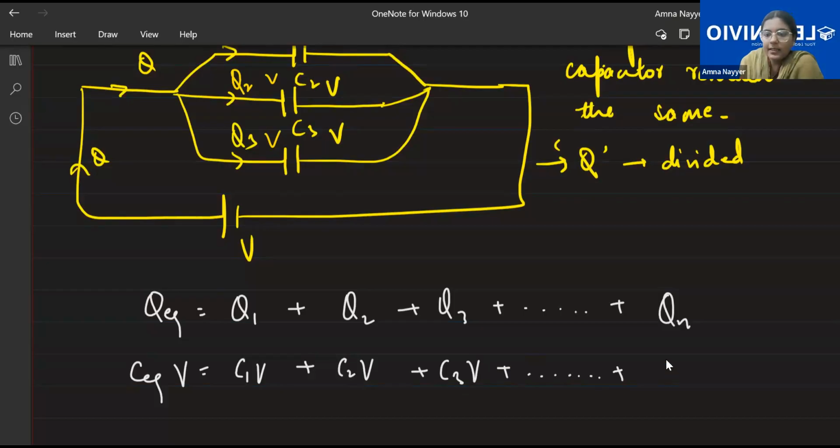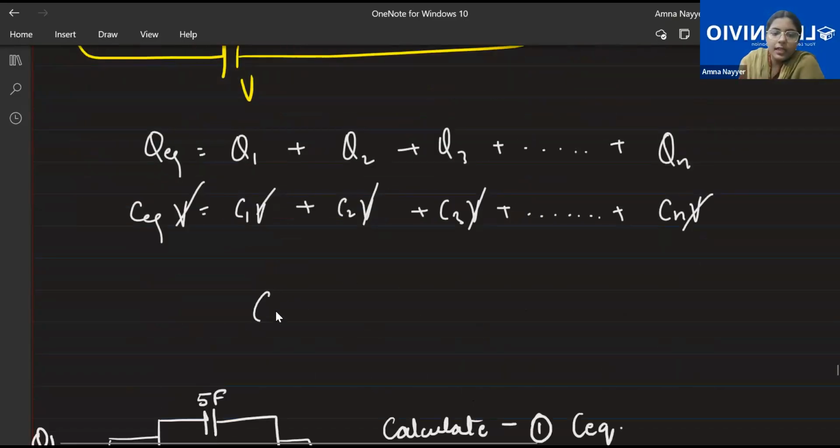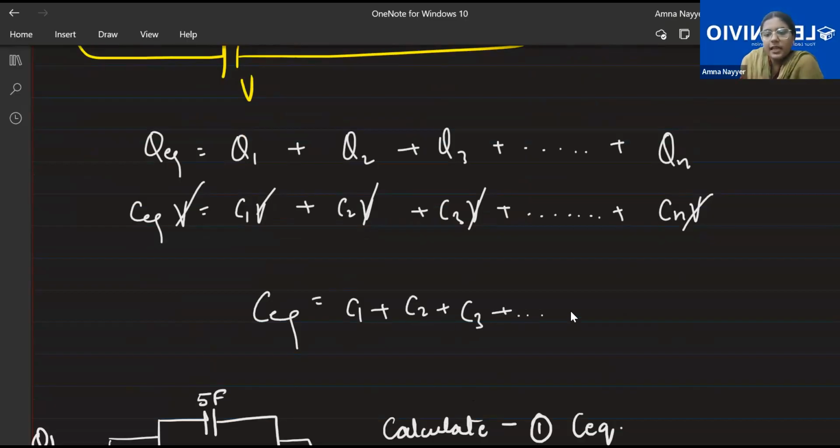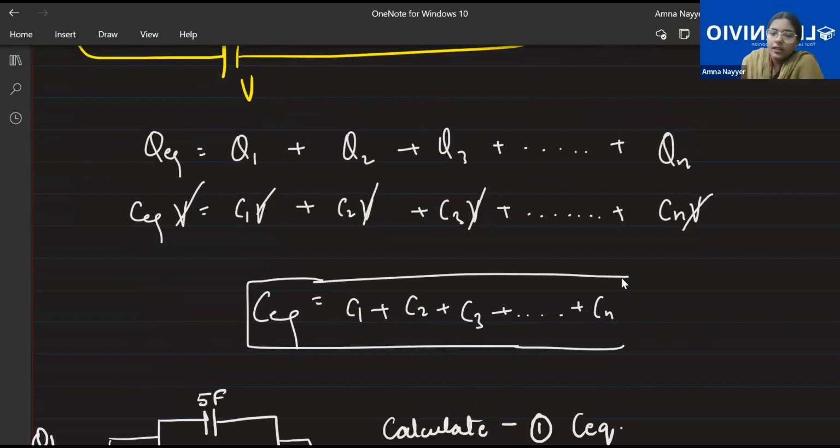All the potentials get cancelled. C equivalent becomes C1 plus C2 plus C3 till Cn, you just add them. In the series connection, you have to take the reciprocal addition. Here you can just directly add it.